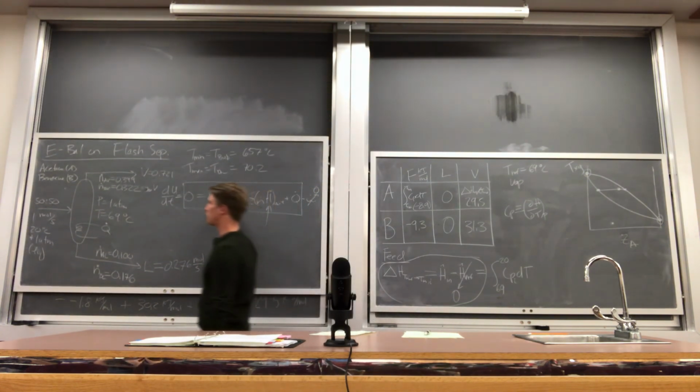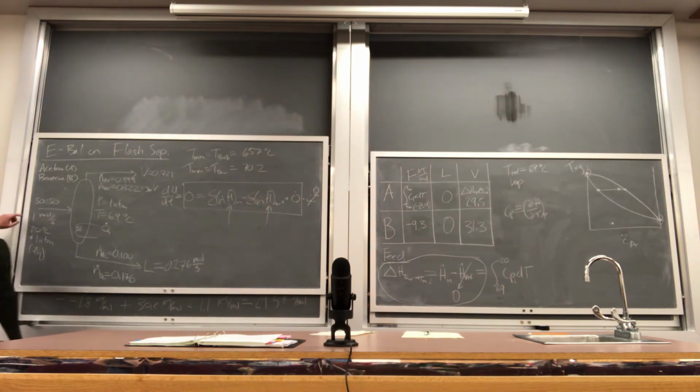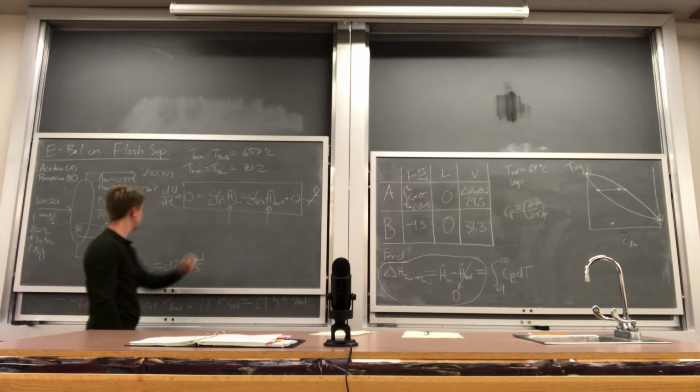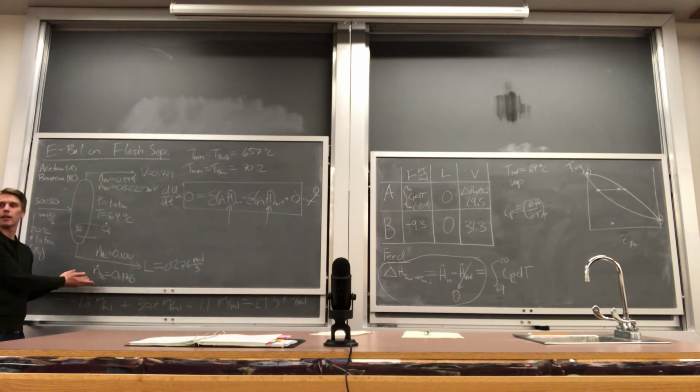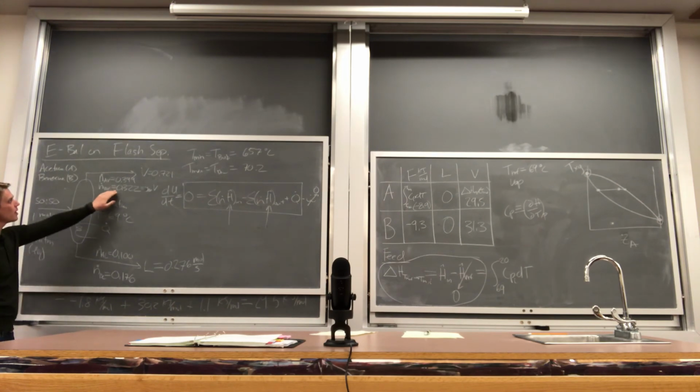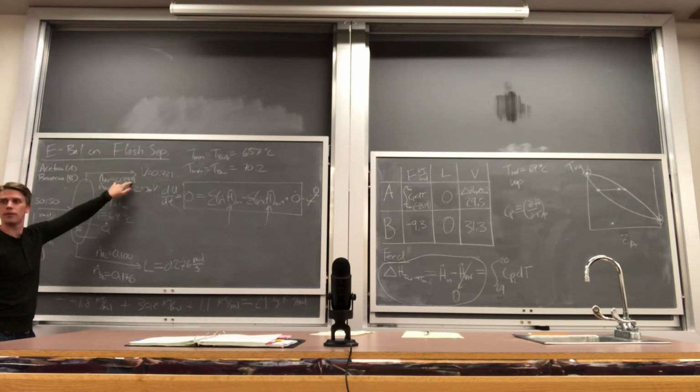So coming into our system, we have the enthalpy that acetone carries with it as a liquid at 20 degrees, the enthalpy that benzene carries with it at 20 degrees as a liquid. Leaving the system, we have, well, nothing coming out of the bottom, because we assume that's 0. And then coming out of the top, we have the enthalpy of vapor acetone and the enthalpy of vapor benzene.